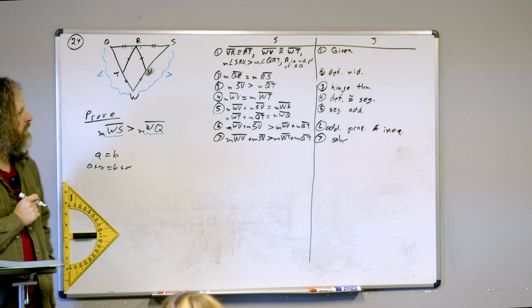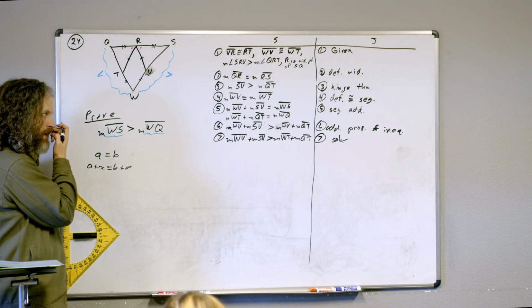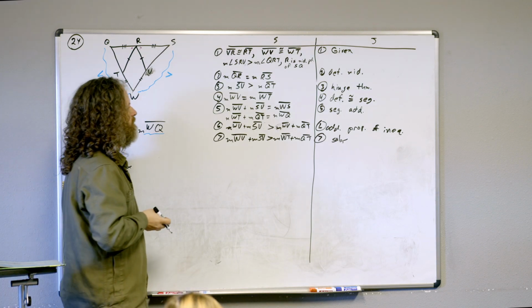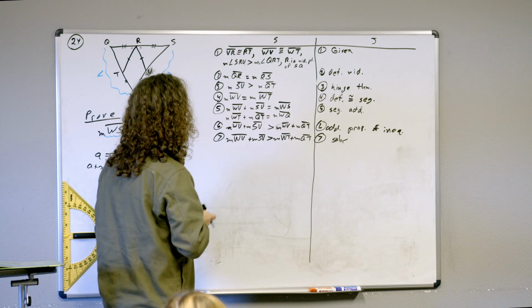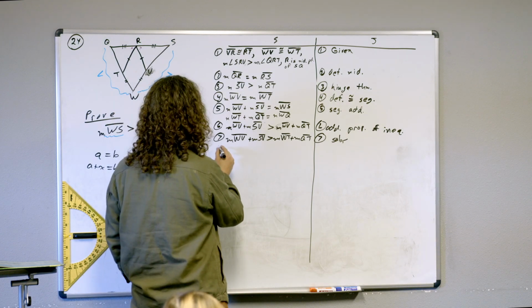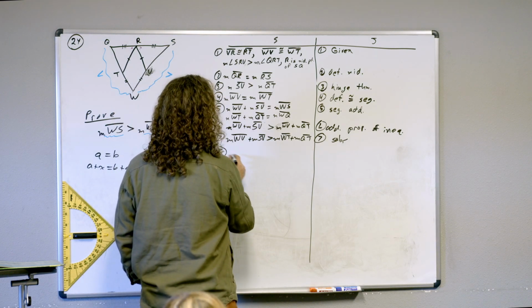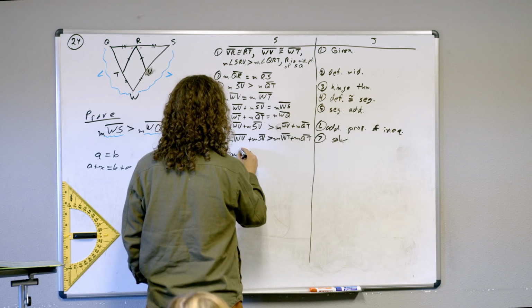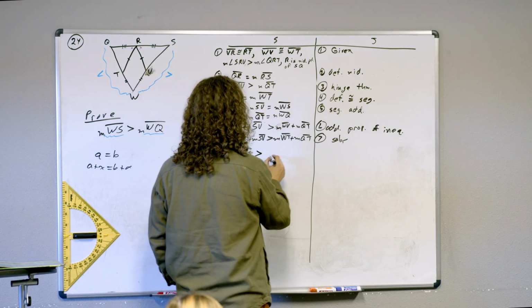Great. And then what? The measure of VS is greater than the measure of WQ. WS is greater than WQ. Yeah. I think there's one or two places where we might have cheated a little bit, but we'll count it.